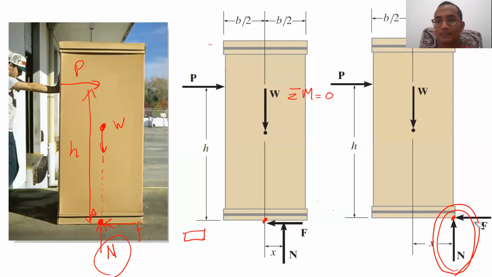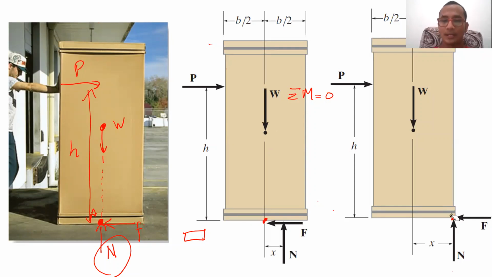So when it's at the limit, tipping is still not yet happening, but it's about to happen. When the normal force is at the edge like this, at the right edge like this, or the left edge, based on the external forces, if it happens at the edge like this, it means that tipping is about to happen.